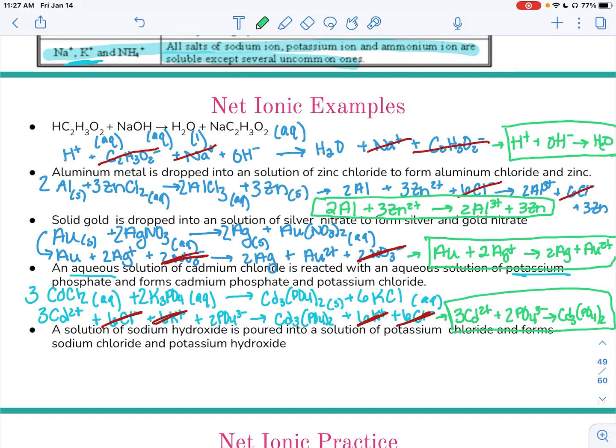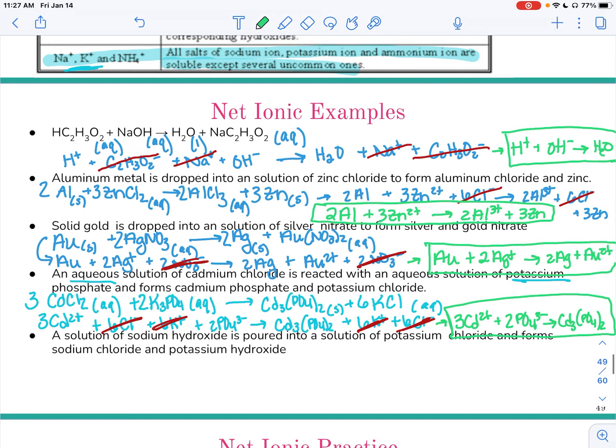So what this is actually telling us is that if we want to make cadmium phosphate, it really doesn't matter if we have potassium or chloride attached to those things. As long as we have completely soluble reactants, we will form cadmium phosphate. So the chloride and the potassium are what we call spectator ions.